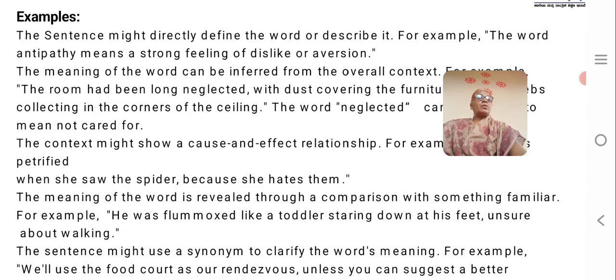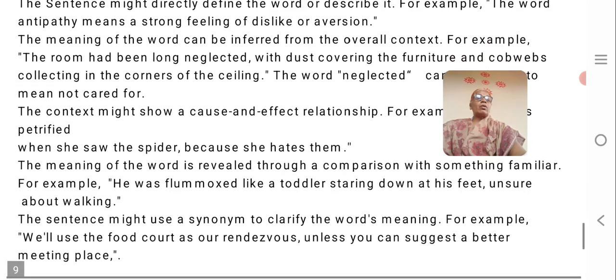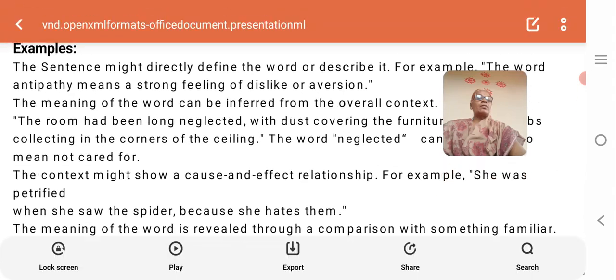The meaning of this word can be inferred to mean not cared for. So, the room was covered with dust and cobwebs were collecting in the corners of the ceiling. By understanding the context, you can learn the meaning of neglected, that is, not cared for.